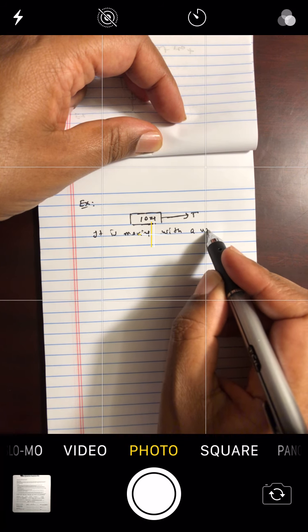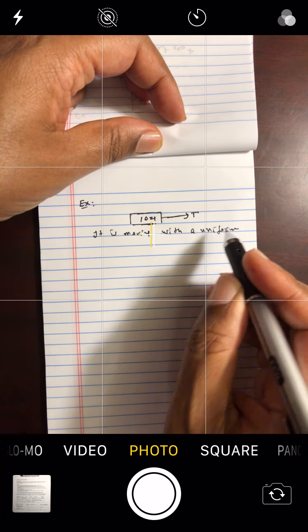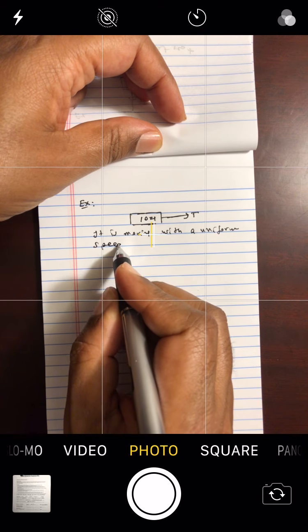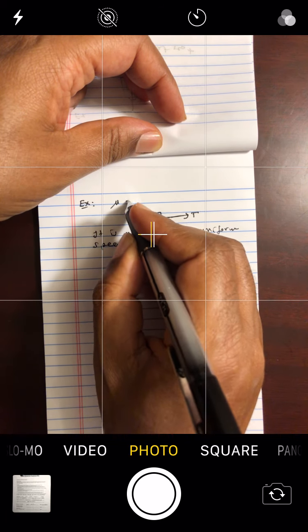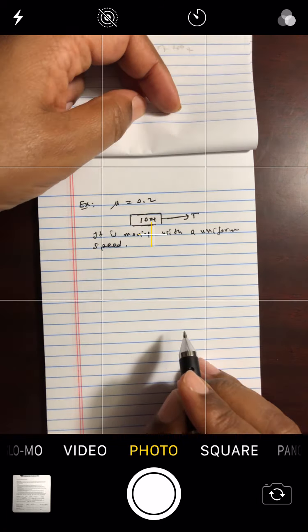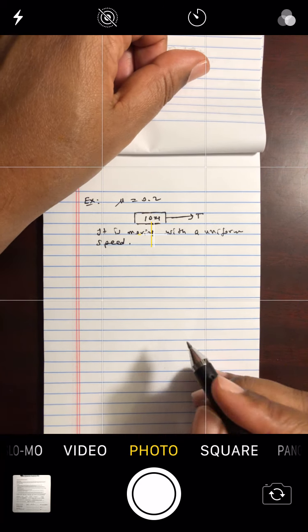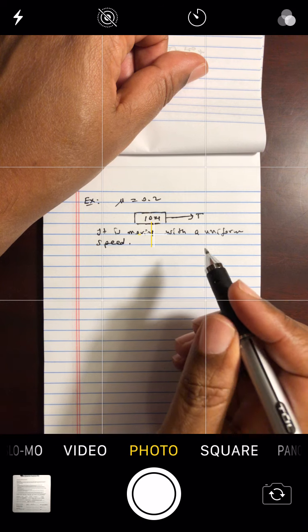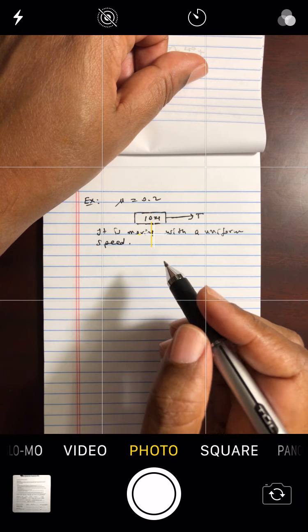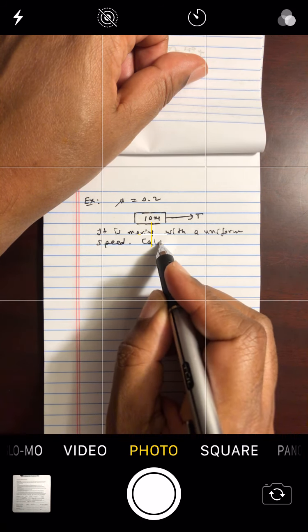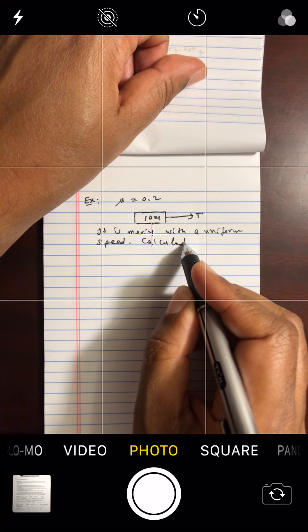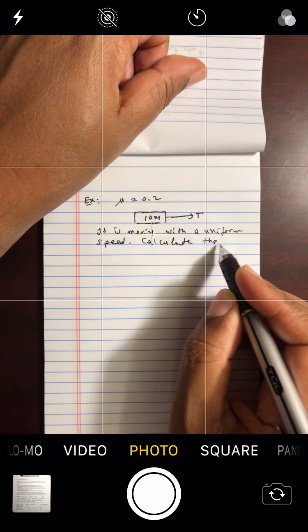Also, we know the coefficient of friction is 0.2. The question is: calculate the force T, or tension T.